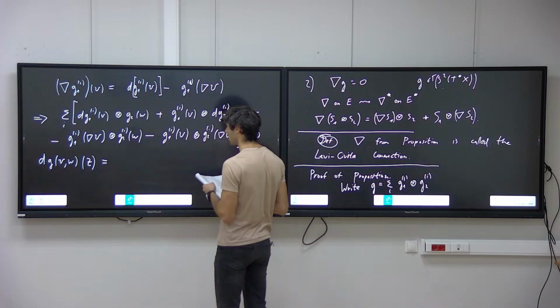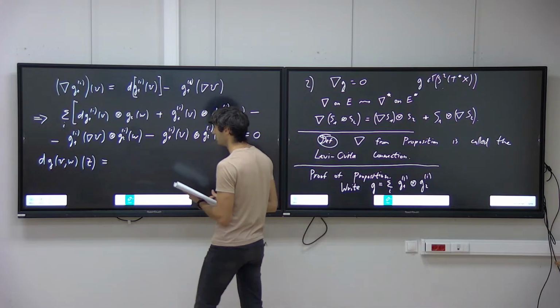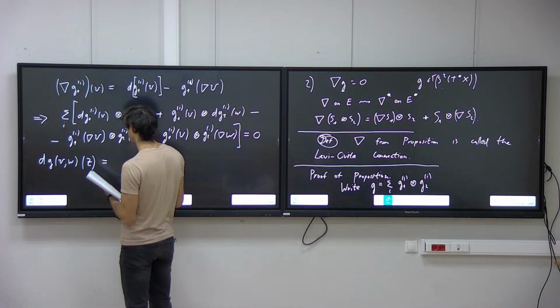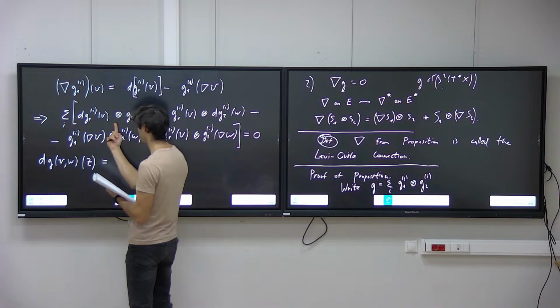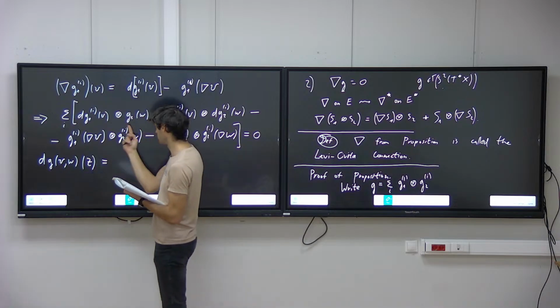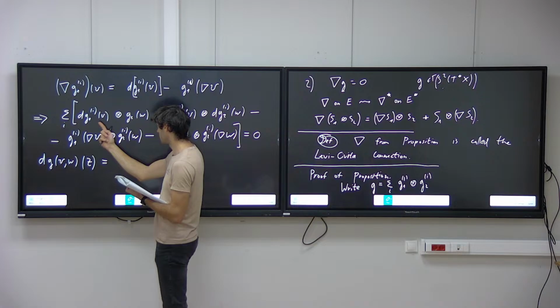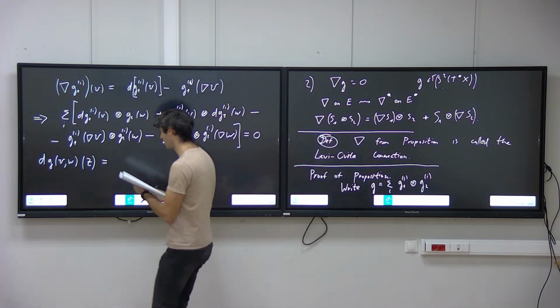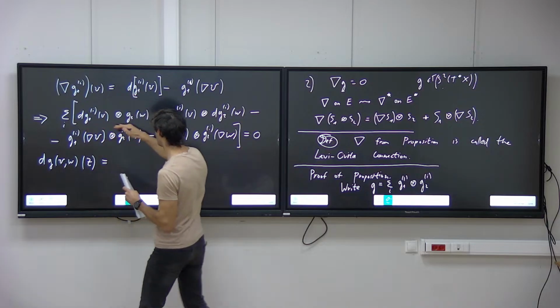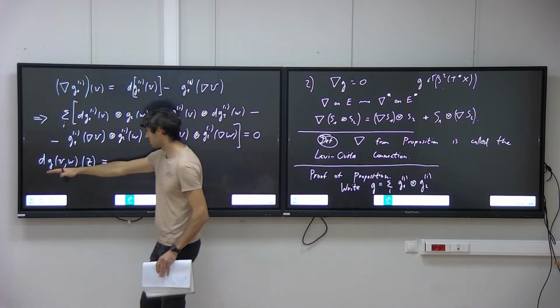Right? So I'm claiming that this is just, so this is a form, right? And it's Z. So this is a function. This is a form. So basically, what's written here is this guy.